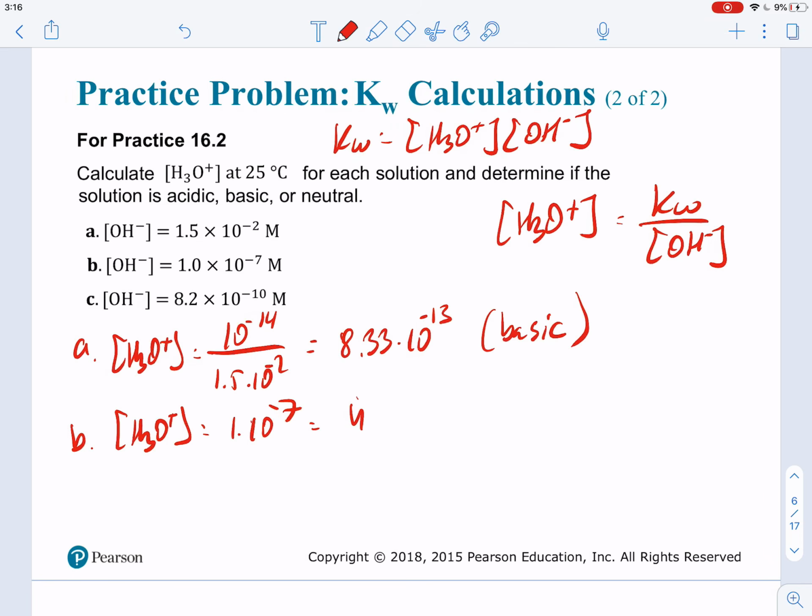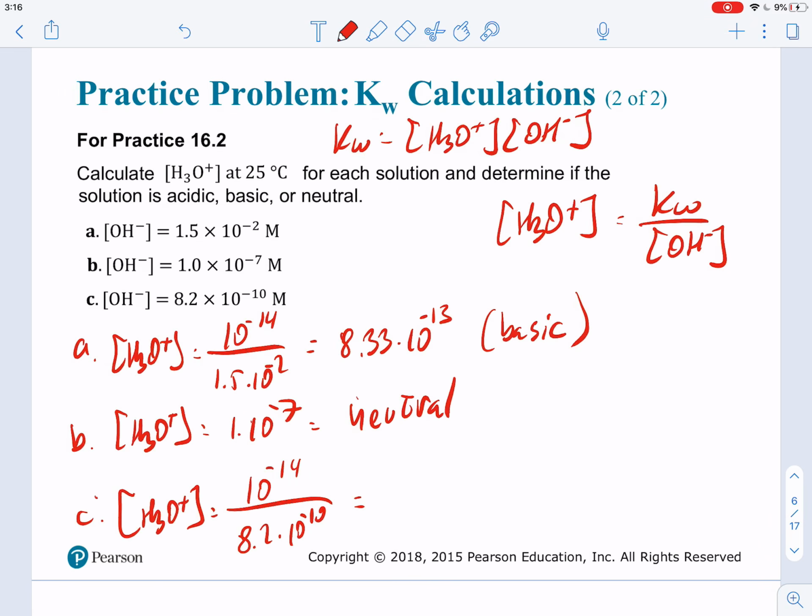So this is a neutral solution. Last but not least, in C, the concentration of H3O plus is going to be 10 to the negative 14 divided by 8.2 times 10 to the negative 10, and this is going to be 1.22 times 10 to the negative 5.